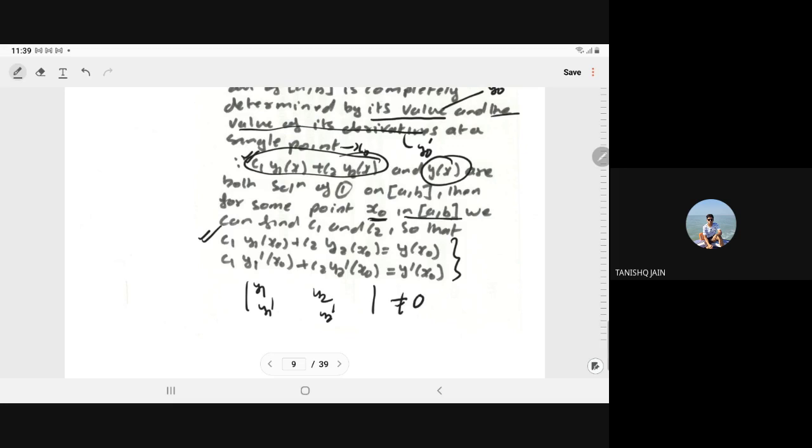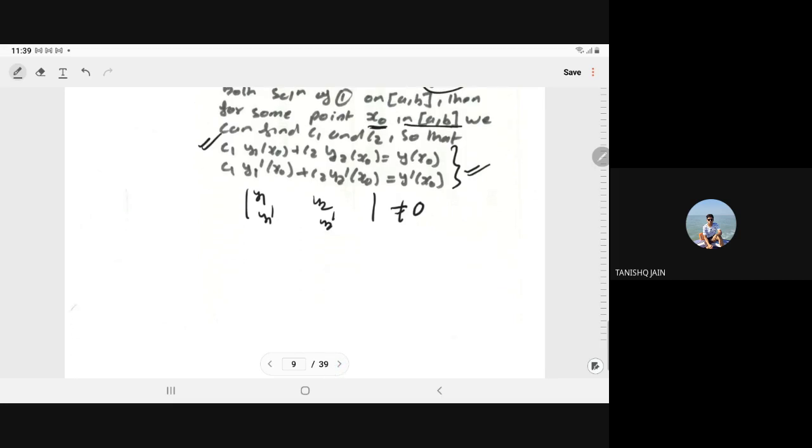If it is non-zero, then only the above system of equations has a solution, and c1 and c2 you can determine. Clear this part?